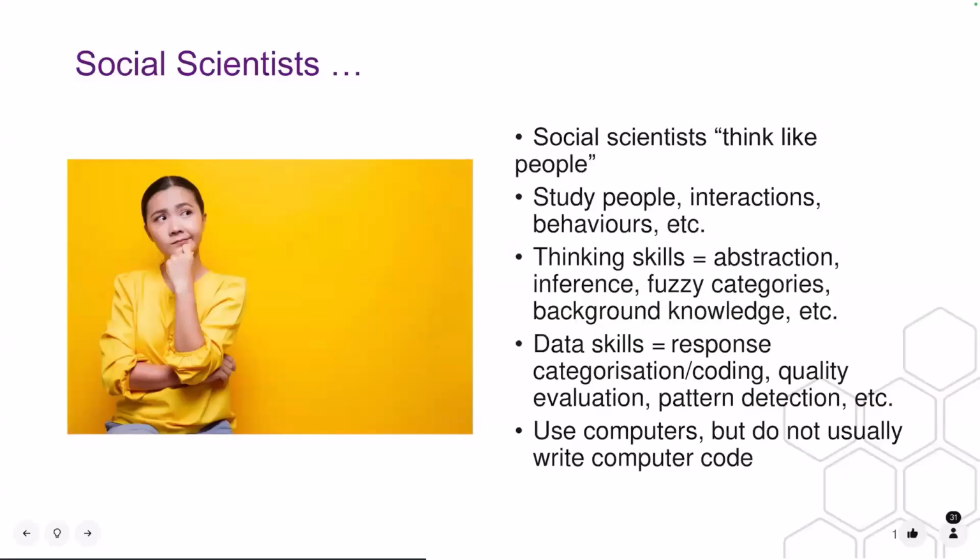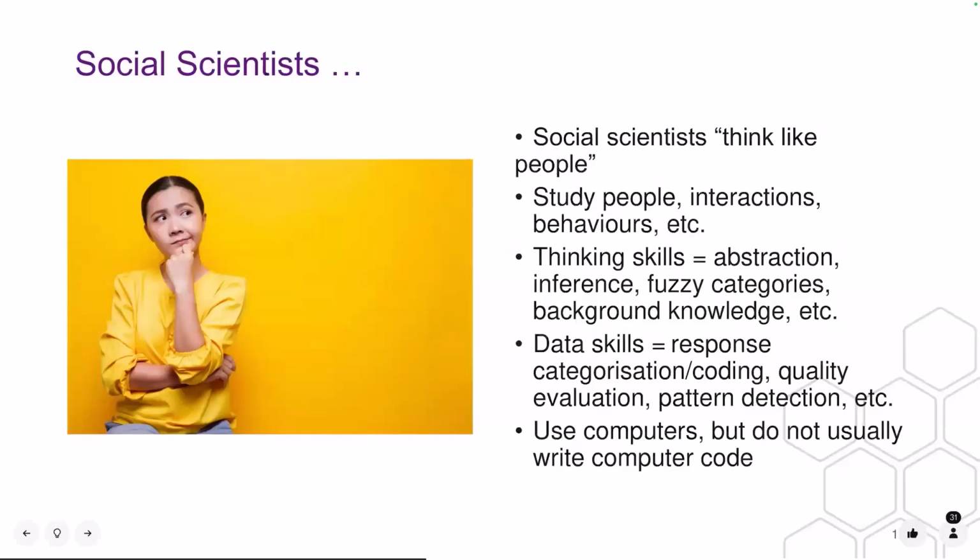What I mean by this is that they use a lot of human type thinking skills like abstraction, inference, the ability to understand fuzzy concepts and background knowledge. They generally don't shy away from grey areas or overlapping categories, as these are just part and parcel of being a social scientist. And it's no surprise that they need these skills because they study people, interactions, and behaviors, and this obviously requires a certain skill set.